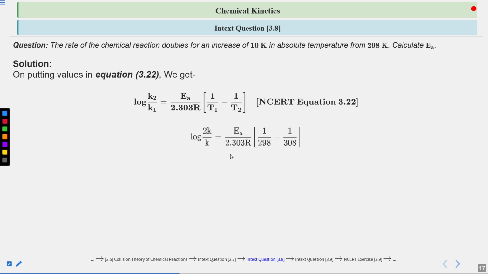So log of 2K by K will be EA upon 2.303 multiplied by 8.314, which is the R value, times (1 upon 298 minus 1 upon 308). After the LCM it becomes 10 upon 298 times 308. Now you have to solve this. The K will cancel out from here.